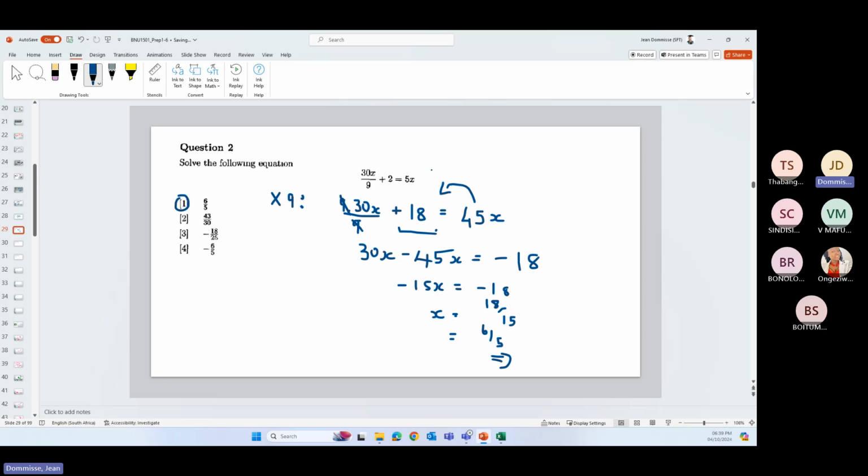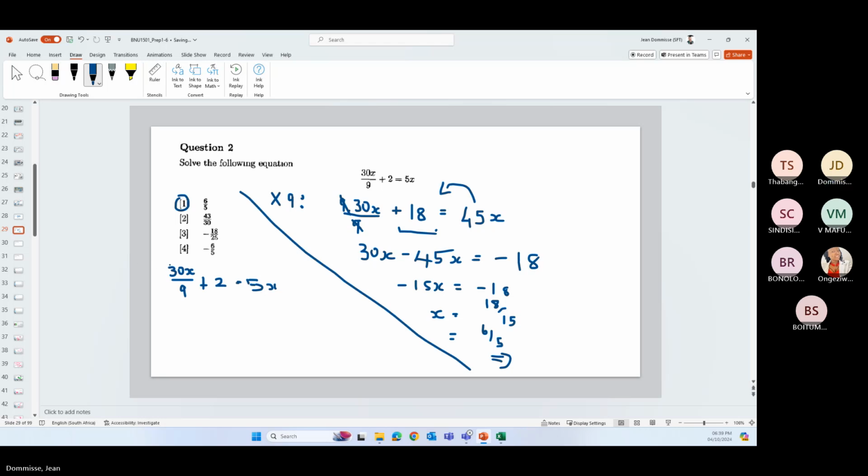But what we could have done as well is to say, okay, we've got 30x over 9 plus 2 is equal to 5x. So the first thing we could have done is to say, let's simplify this.